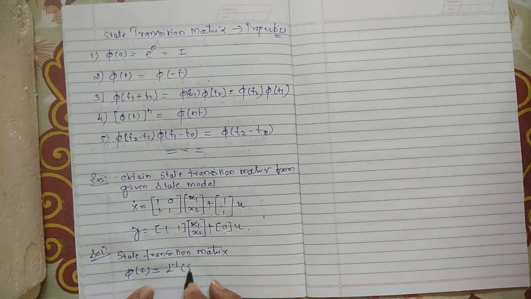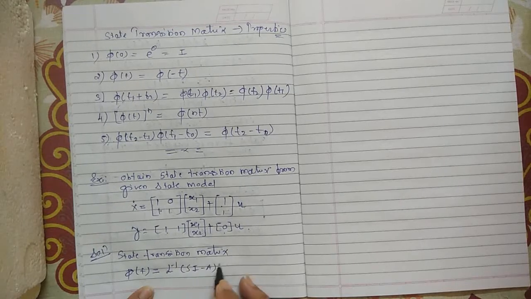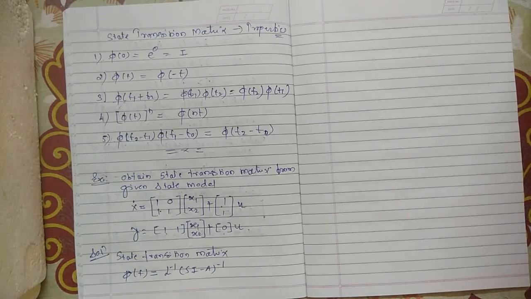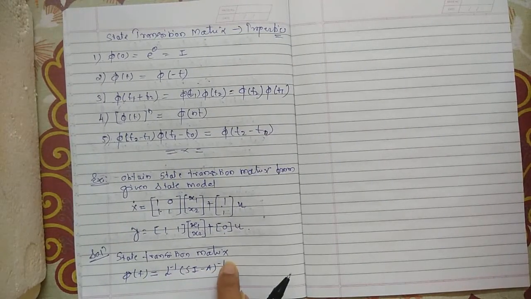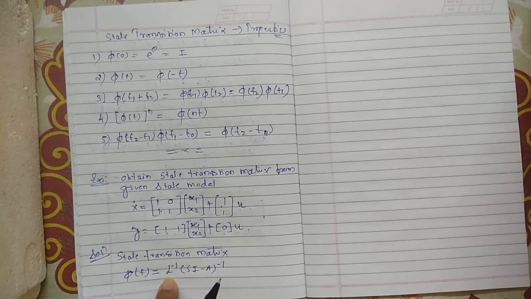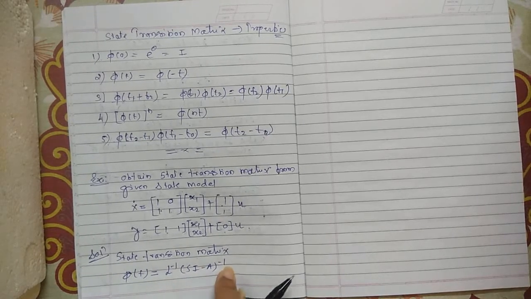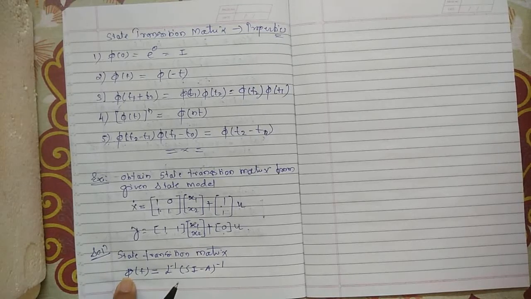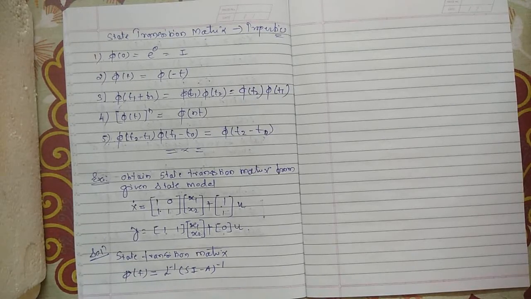So we have to find sI minus A, then find the inverse of this, and then take the inverse Laplace of the complete expression. So we will get phi of t.